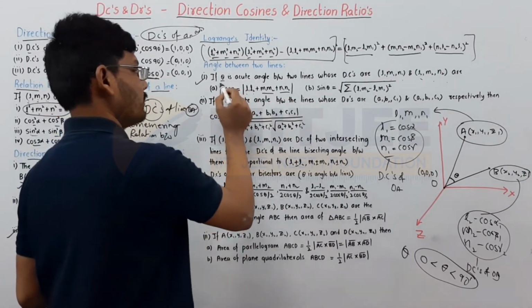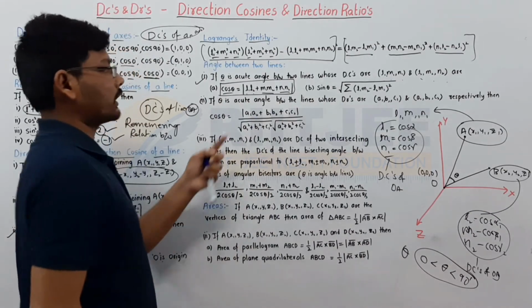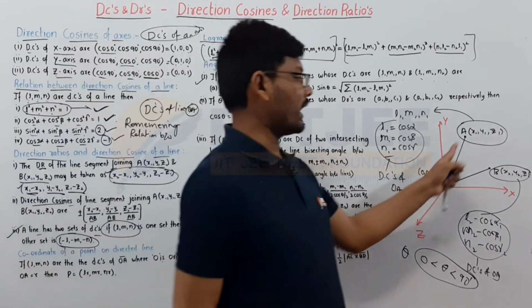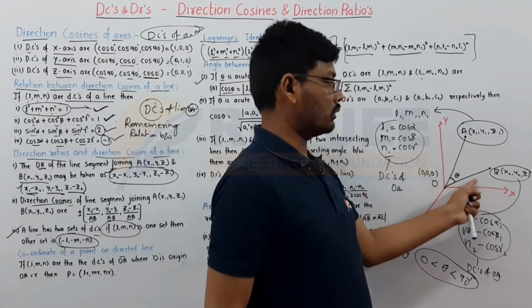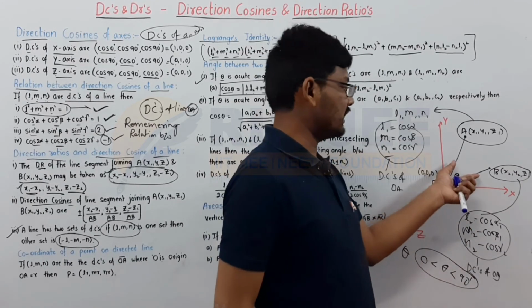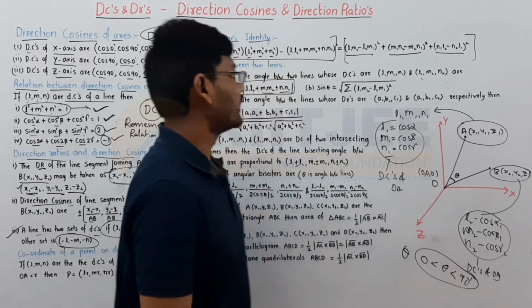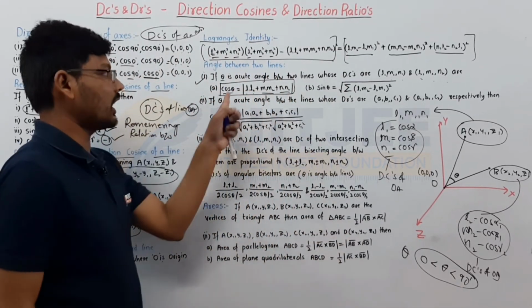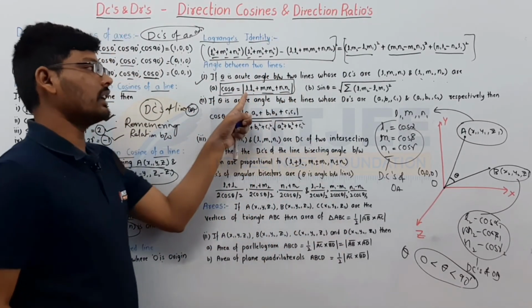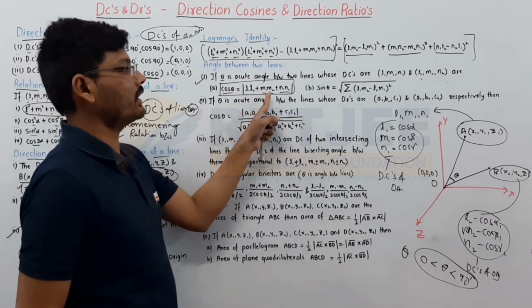This is the condition to remember for an acute angle, when the angle between the two lines OA and OB lies between 0 and 90 degrees.